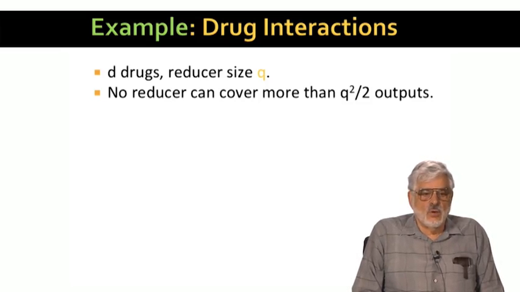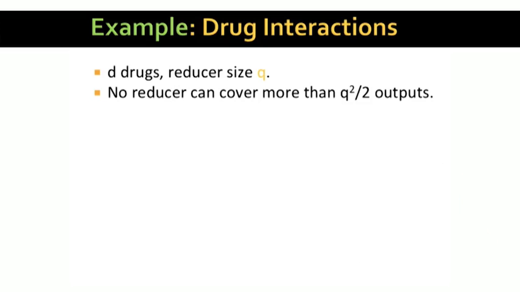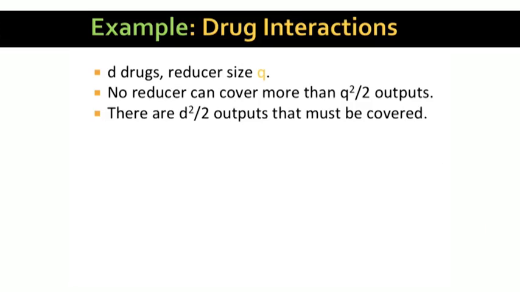Technically, the exact number is q times q minus 1 over 2, but for large q, there is negligible difference. But among all the reducers, there are d choose 2 outputs that must be covered. Again, I'll approximate the choose 2 by squaring and dividing by 2. So there are approximately d squared over 2 outputs to cover somewhere.